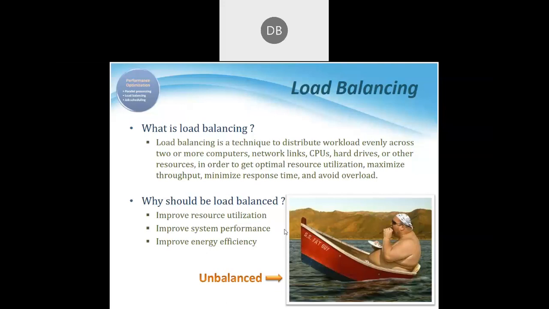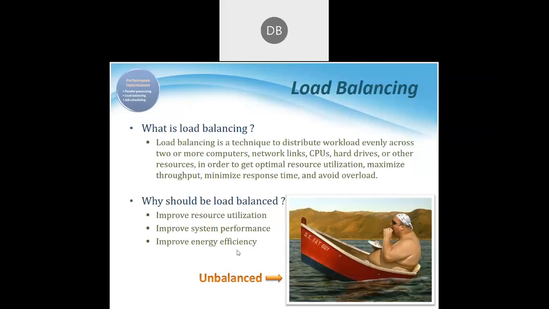Load balancing can be at a software level or a hardware level. Every cloud computing service provider like Google or Amazon is into load balancing. So what they are continuously checking at the background is how much load is on each server.